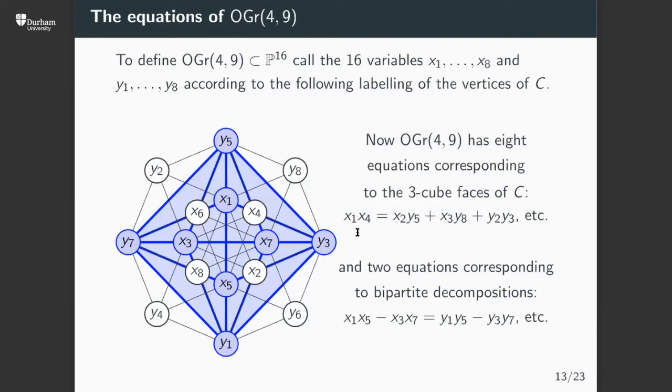And if you look at the ideal defined by those 8 equations, it actually implies 2 more equations, and those are equations of the form x1 times x5 minus x3 times x7 is y1 y5 minus y3 y7. But these are just 2 extra equations that you get for free when you have those 8 equations, and they're actually important for a reason we'll see in a minute.